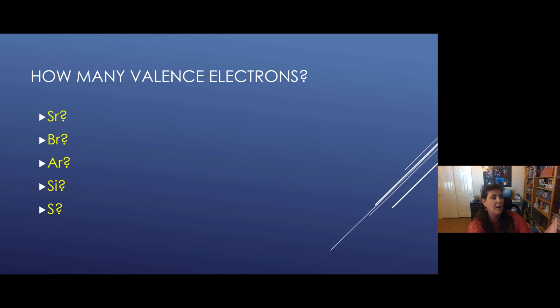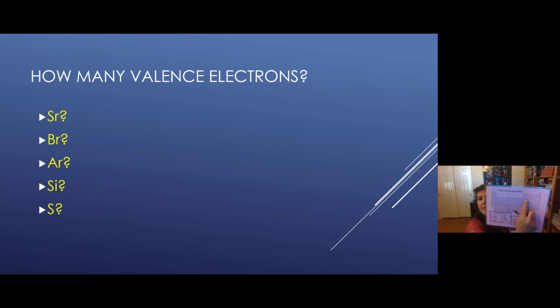So how many valence electrons? 7. Argon, right next to it. Argon is in column 8A, the noble gases. So how many valence electrons for column 8? 8, right, 8.